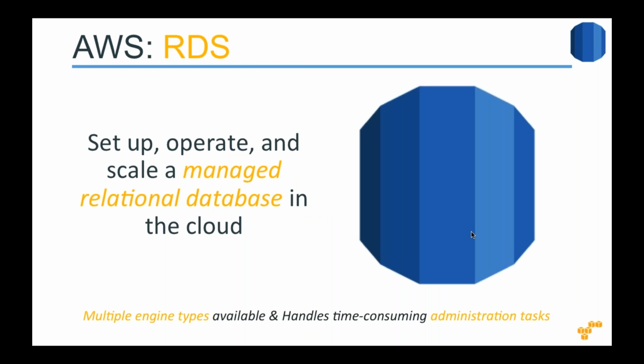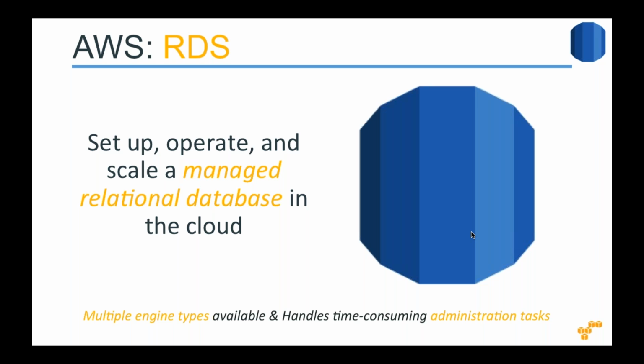As it says, RDS is a managed relational database service in the cloud. You can set it up, operate it, and do whatever you want. You have multiple engines available, and it automates a lot of time-consuming administration tasks. What it means in real terms is you don't get access to the physical server, the physical operating system, or the database engine.